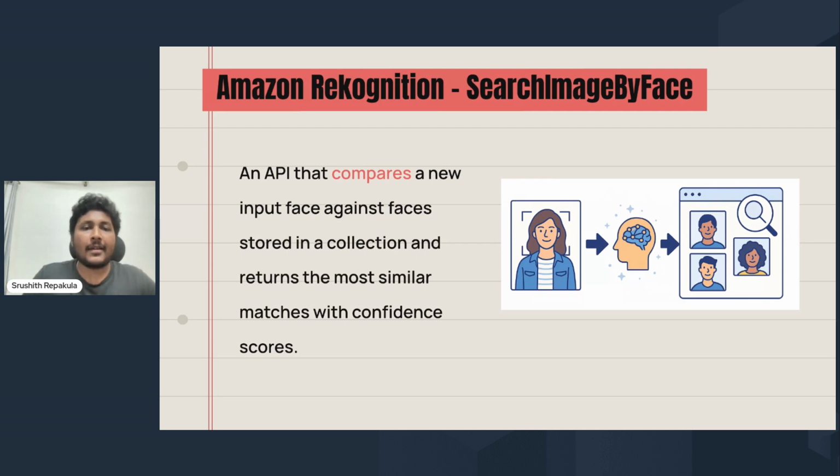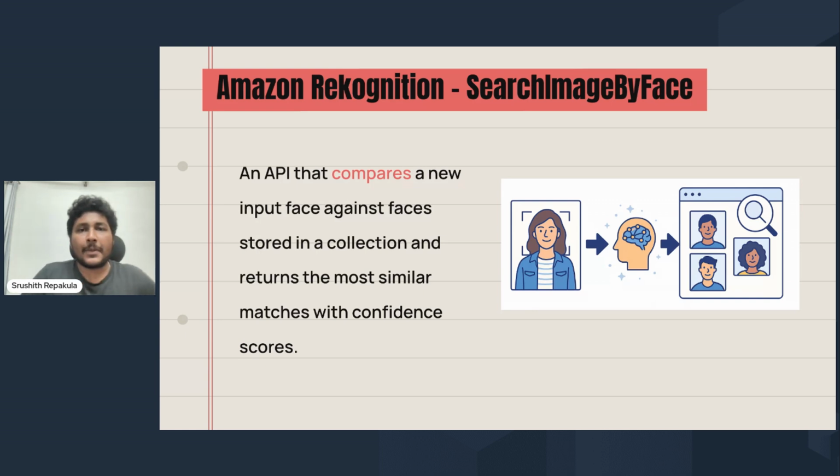It is an API that compares a new face with the existing faces available in the collection, and returns all the images that are matching. While calling Rekognition's search image by face API, you are telling it this is the input image, which, if you remember, is my image that I captured live, and it is searching against a collection of images for my gallery app, and I have specified a confidence score.